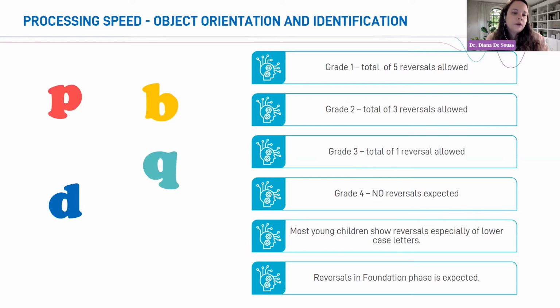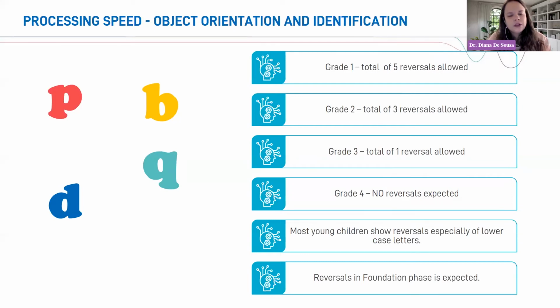On the slide, I've also included a developmental note on letter reversals, because in very early age, in particular your early foundation phase, letter reversals to some extent is normal and can be expected. Writing is not a natural process for the brain like language is, so writing needs to be taught. And 5 reversals in grade 1 is to be expected.